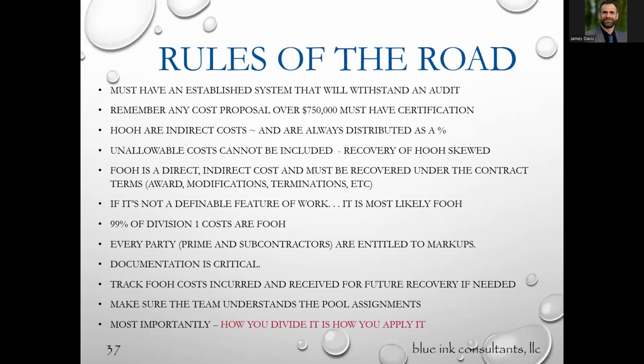Question: 750,000. Remember, 750,000 must have certification. I believe that number has been raised. I believe it is 1.5 for construction. Terry, do you happen to know off the top of your head what the services is, or non-construction? So you're talking about the certificate of cost and price analysis? Yes. Yeah, it was raised a few years ago. $1 some million, but I don't know about the difference between the contracts.